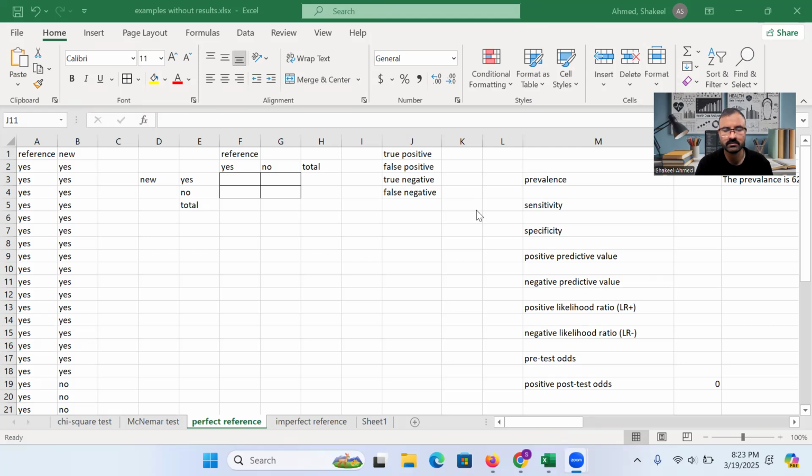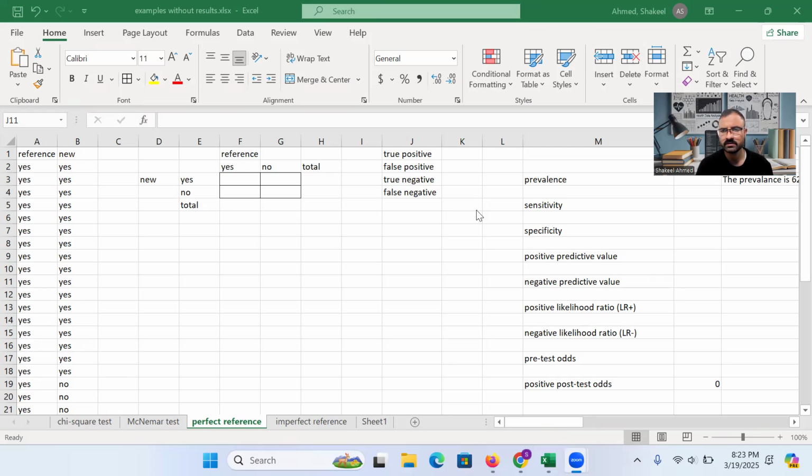In this tutorial, we will discuss diagnostic tests, and we evaluate the performance of diagnostic tests in medical studies. Usually, we use a certain type of test to diagnose whether the patient has a disease or not.